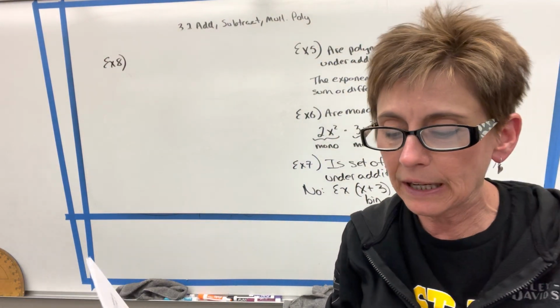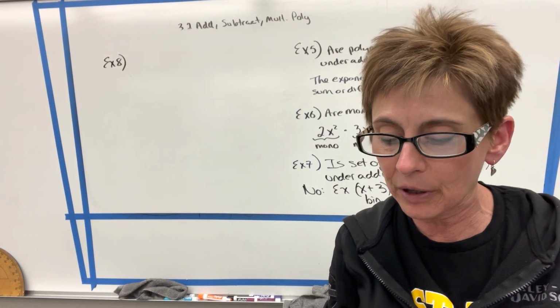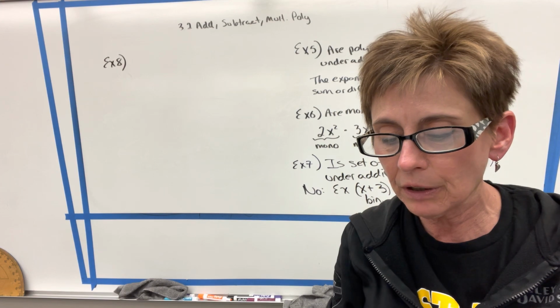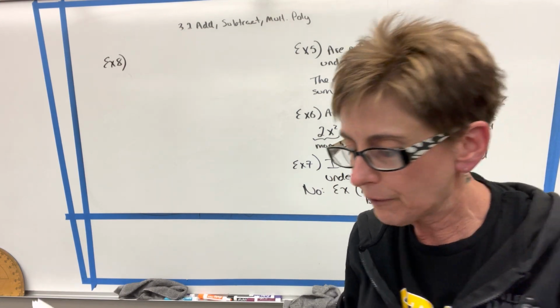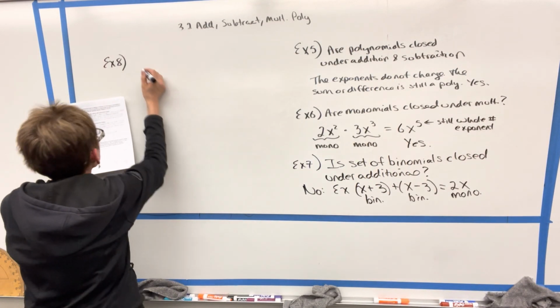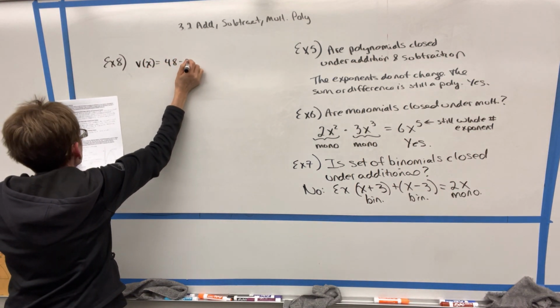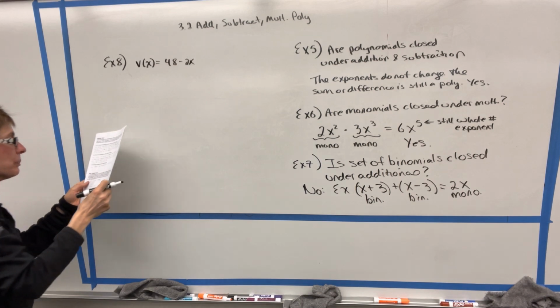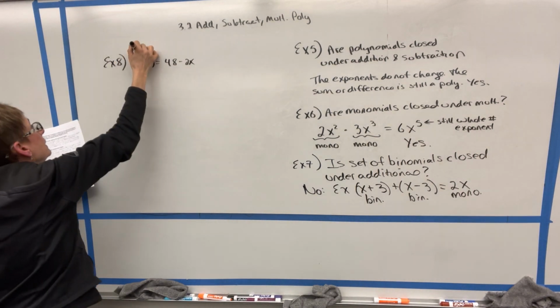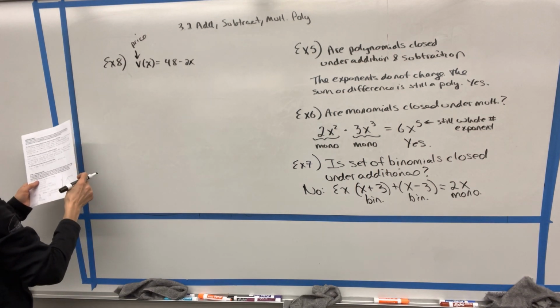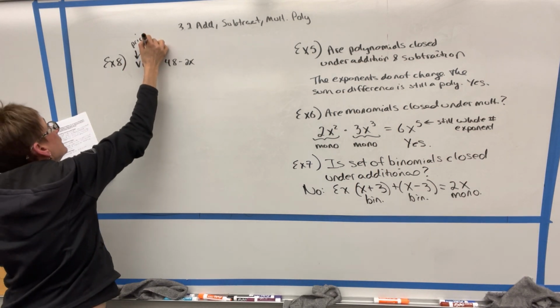Carolina makes wind chimes to sell at the local Saturday market. As Carolina produces a greater number of wind chimes, she can lower the price per unit. The function v of x is equal to 48 minus 2x relates the price v to the number produced, x.